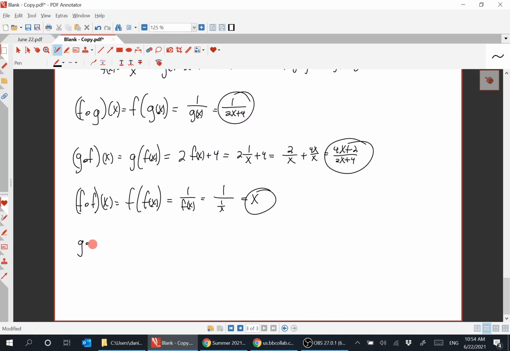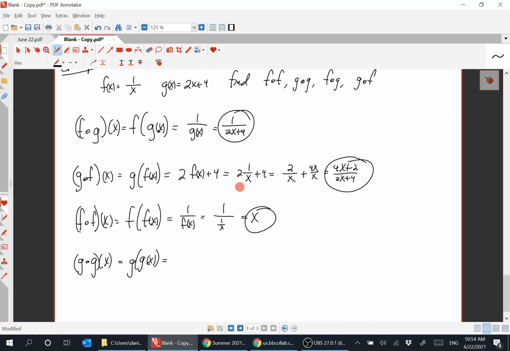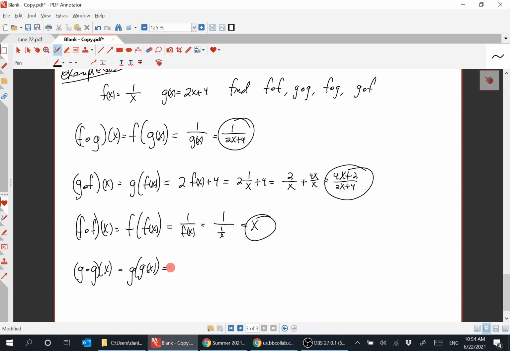And then g of g, g following g, is g of g of x. So let's do inside out this time. I like inside out more than outside in. Whichever way makes more sense to you, doesn't matter.